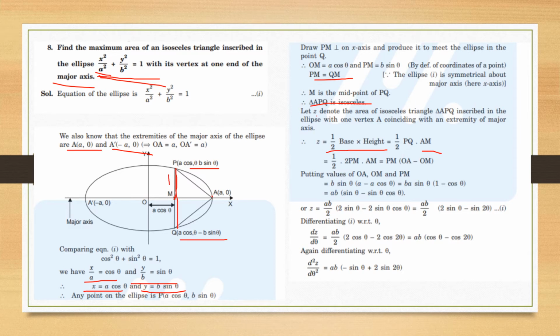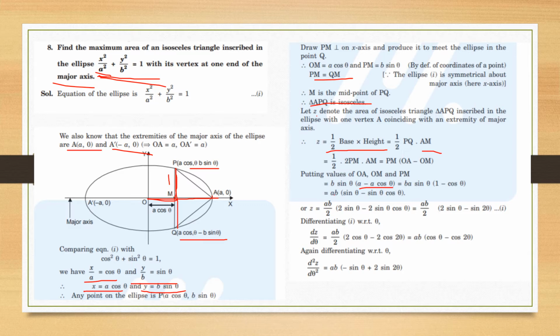And AM can be written as OA minus OM. I have to change the whole thing into the form of sine and cos. PM is b sin theta, the y coordinate, and AM is a minus a cos theta.